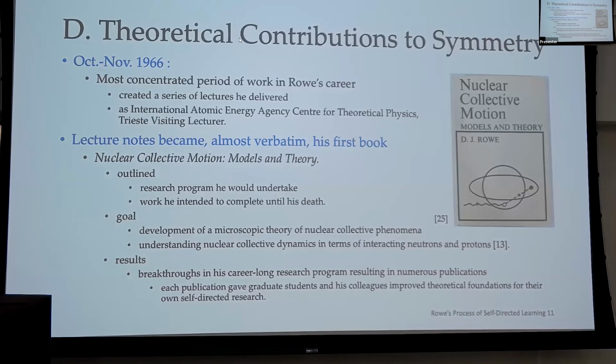The results are breakthroughs in his career-long research program, with each publication giving graduate students and his colleagues improved theoretical foundations for their own self-direction, which is always David's aim. If he can't do that, then he doesn't go forward with publishing. It has to be that you get something out of it where people can self-direct their learning.